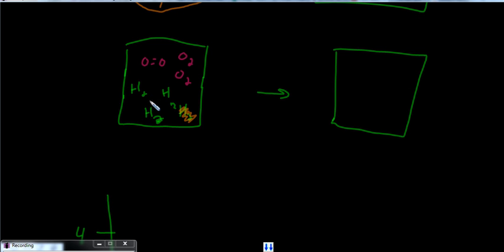Let's see. Two hydrogen molecules react with one O2. Actually, we're dealing with moles here. And 1 mole of hydrogen will react with half of a mole of oxygen. And so in this case, how many waters would you get? 2 from this guy and 1 from here. You would get a total of 3 waters. And you would also have 1.5 oxygens left over.